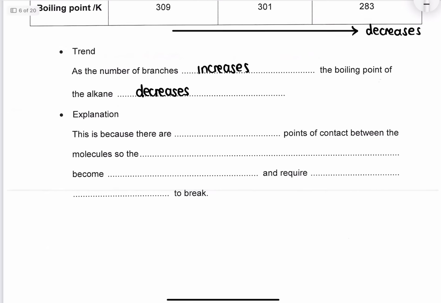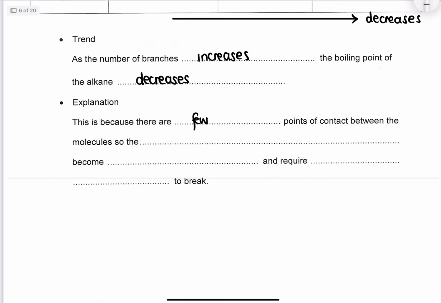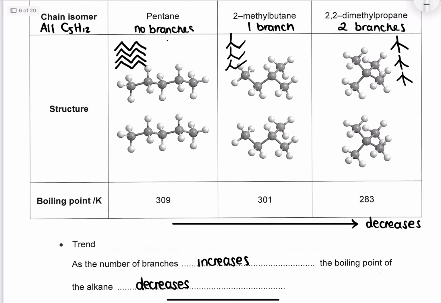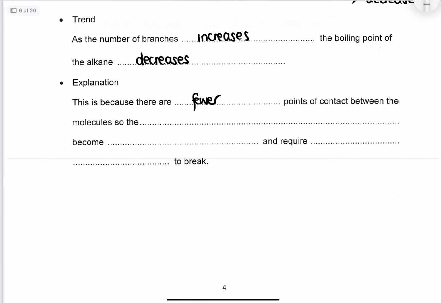So why is this? There are fewer points of contact. Look again at my structures. Where there were no branches, the alkanes are just packing on top of each other, and wherever they're touching, points of contact are happening and forces are occurring between the molecules. As we get more branching, there are fewer points of contact between the molecules.